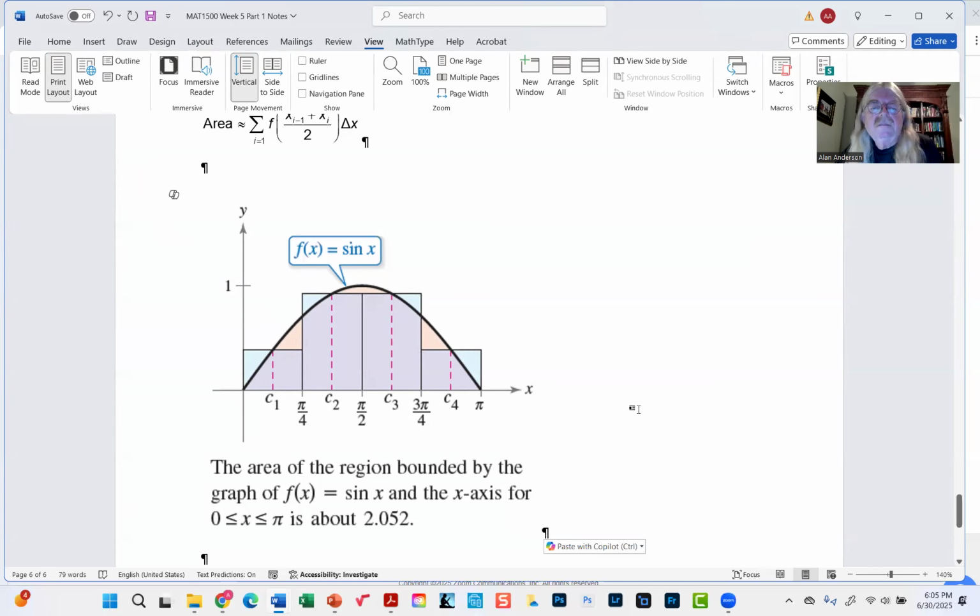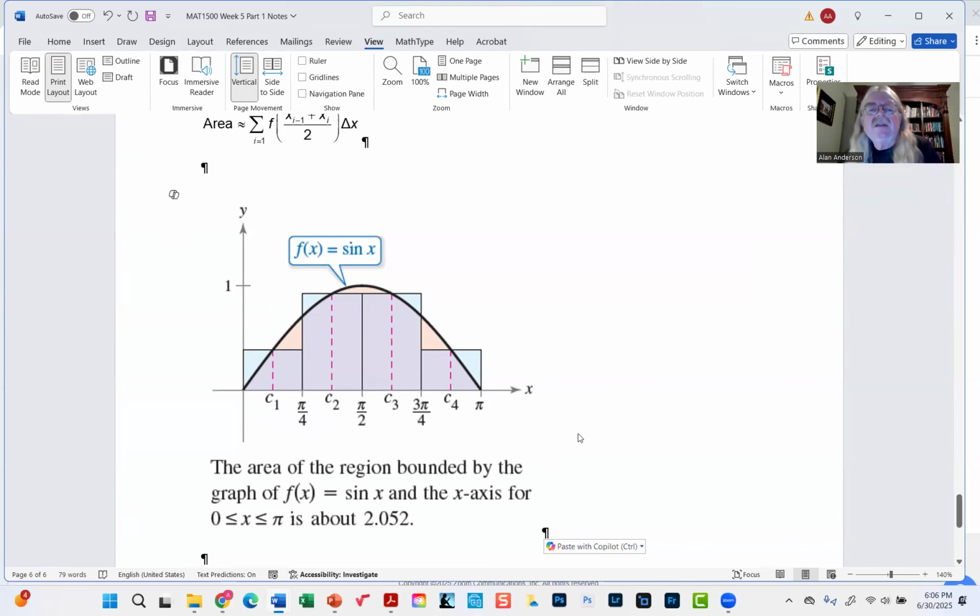Oh, right. No, it is four rectangles, but we're looking at the midpoints. That's why it's confusing here. Those c's are the midpoints of the four rectangles that we chose.